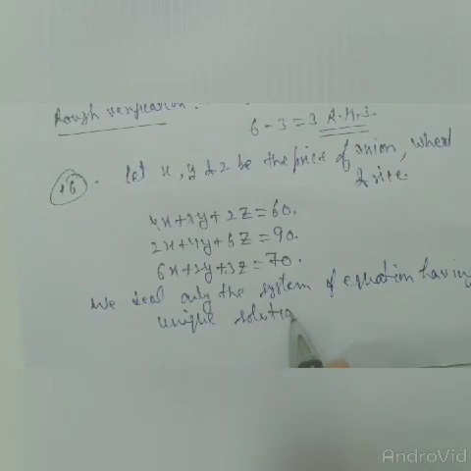Means in your syllabus you have to find with the help of the matrix method only systems of equations with a unique solution. Means if you solve any equation, then most probably the determinant is non-zero. If the determinant is 0 then the inverse of that matrix does not exist.